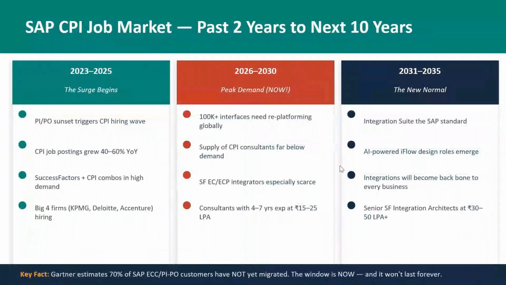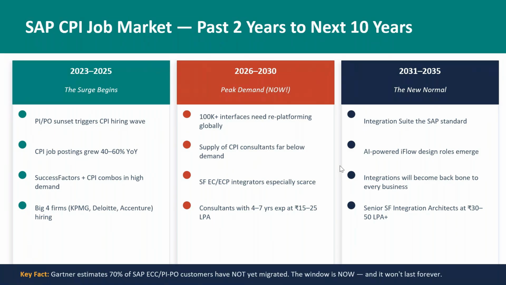Now, if you look at the job market, like I said, there has been increasing demand for the past 2 years. On top of PIPO's end of support, SAP is also sunsetting ECC, the previous ERP solution of SAP, and is asking customers to move to S4HANA.